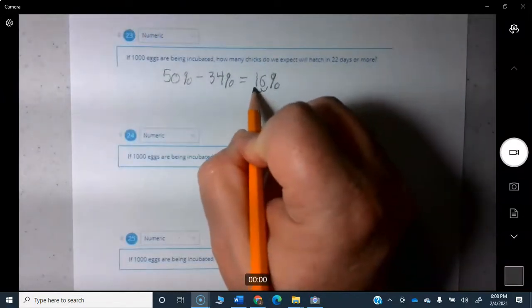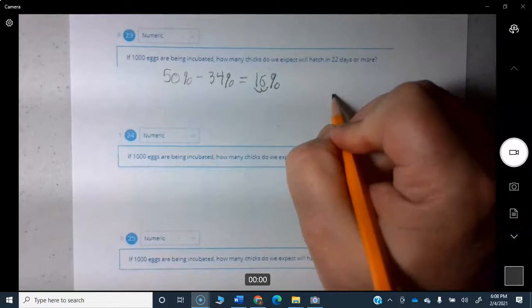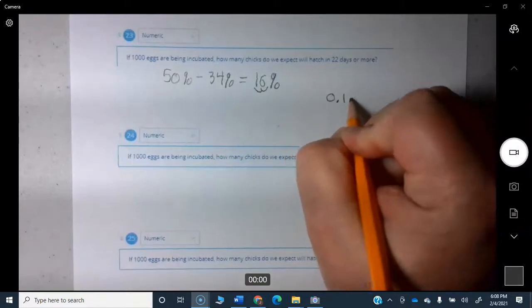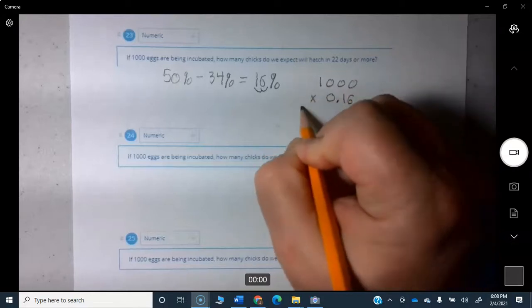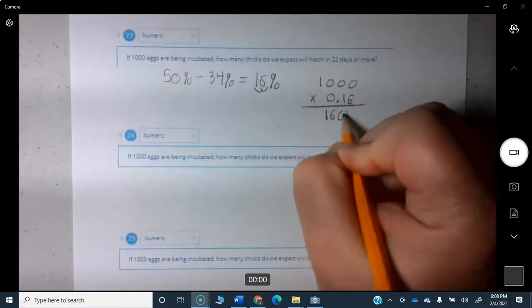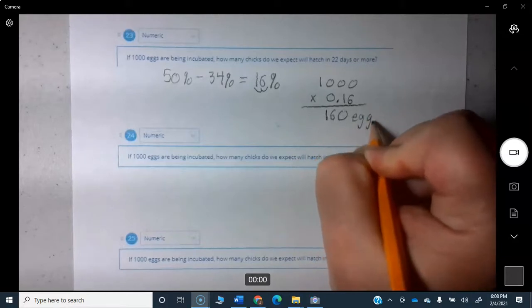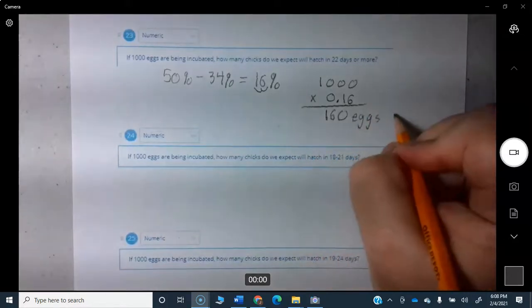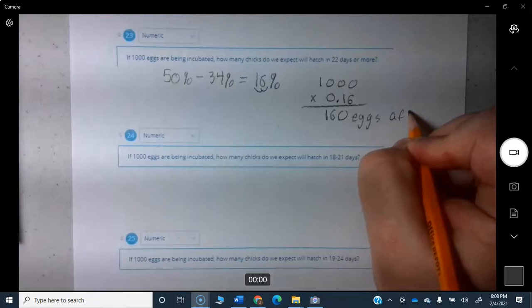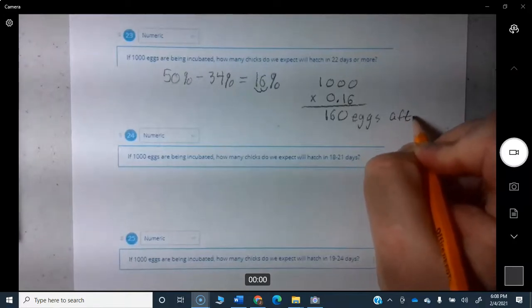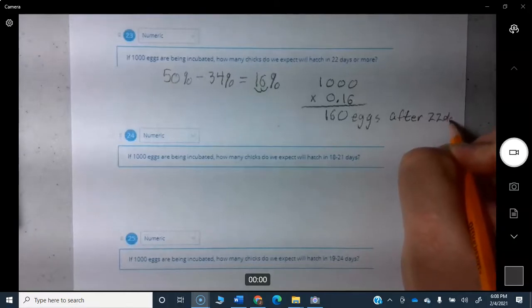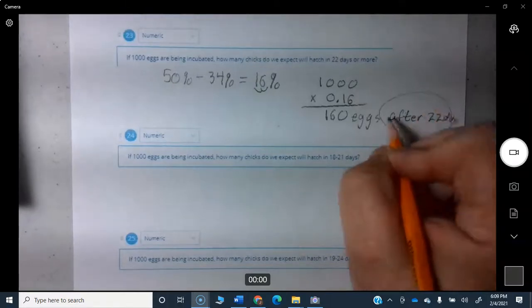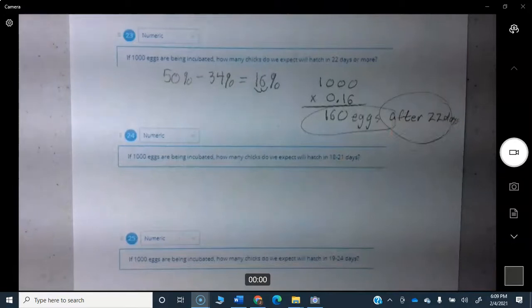We move the decimal over 2 places to the left. That's 0.16. I'll write 0.16 times 1,000. And that's going to equal 160. And that's after 22 days, or more than 22 days. It'll take more than 22 days for them to hatch. All right, that's your answer for that.